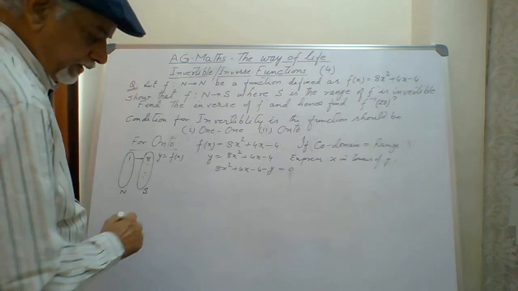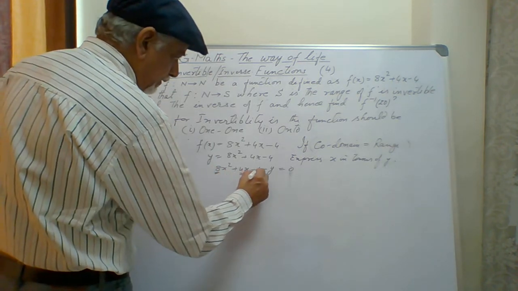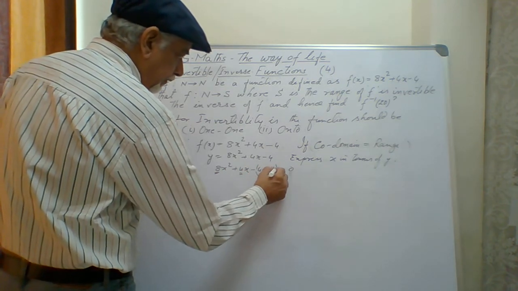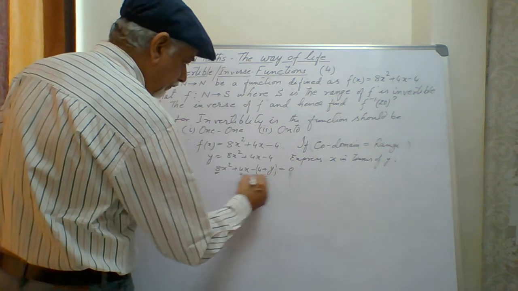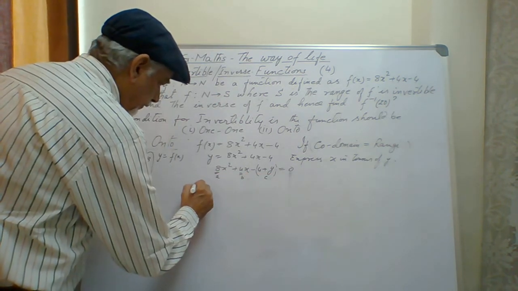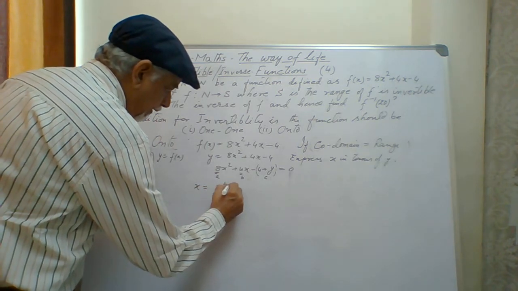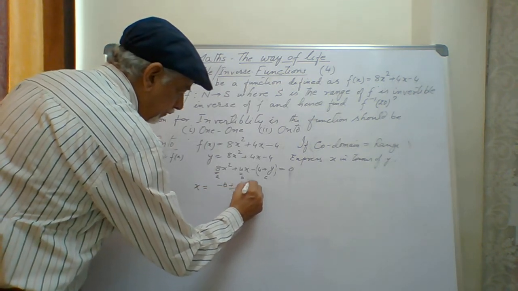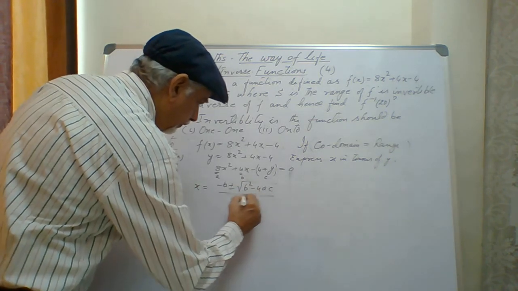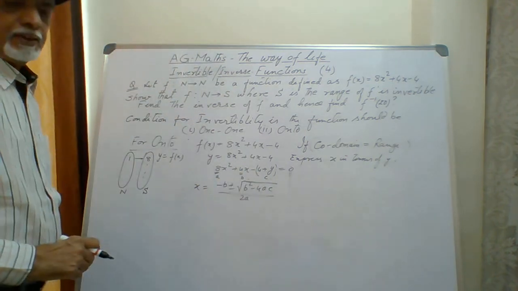If it is a quadratic equation in x, then the a value is this, b value is this, and c value is this. This is a, this is b and c. And we know in quadratic, as per Sridhar Acharya's formula, it is minus b plus minus square root of b square minus 4ac over 2a. This is Sridhar Acharya's formula.